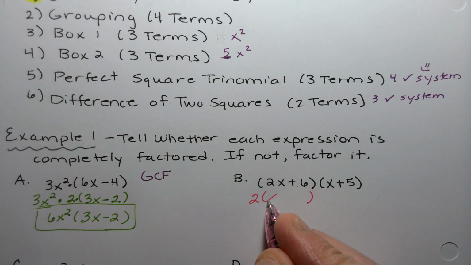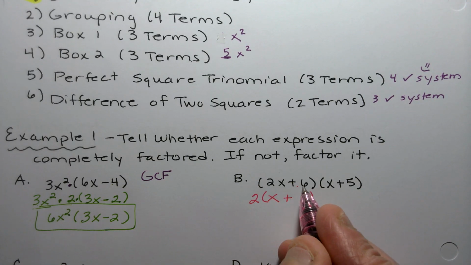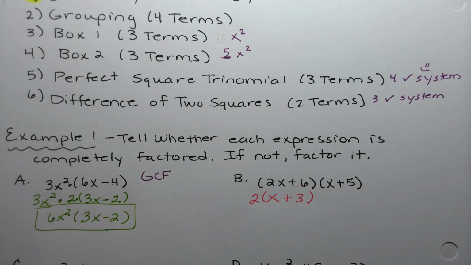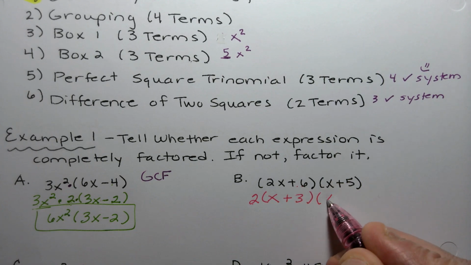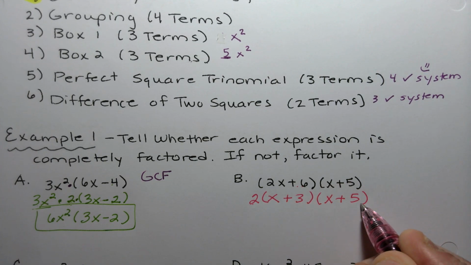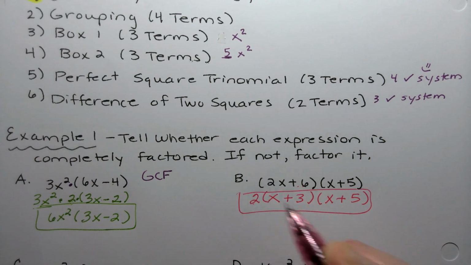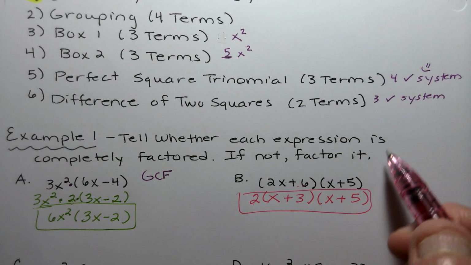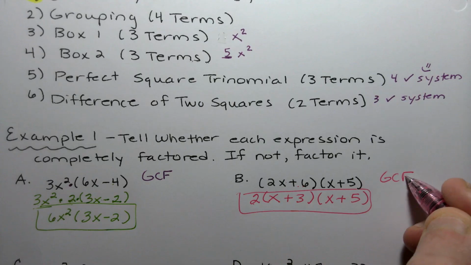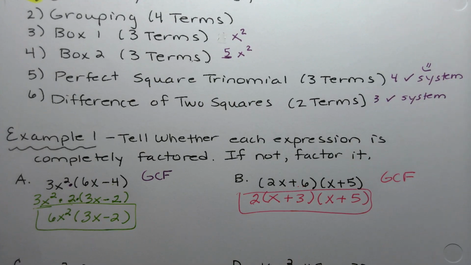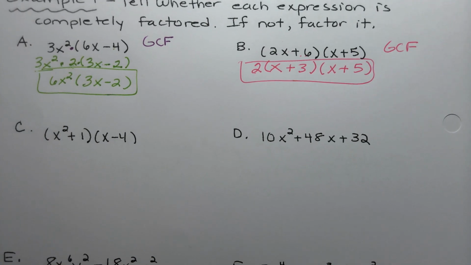Divide that, and I'm left with just the x, plus 6 divided by 2 is 3. How about the x plus 5? Yeah, there's nothing else we can do there, so we'll just tag that along. And that is our final answer. And what did we use right here? Again, we use GCF. So always start trying GCF.